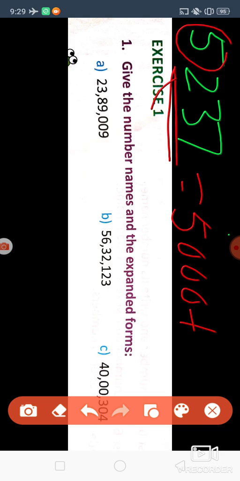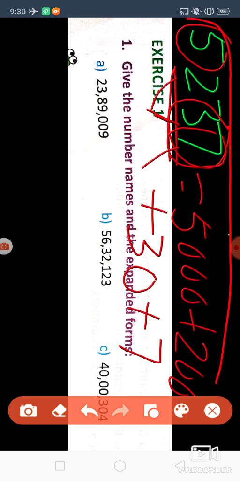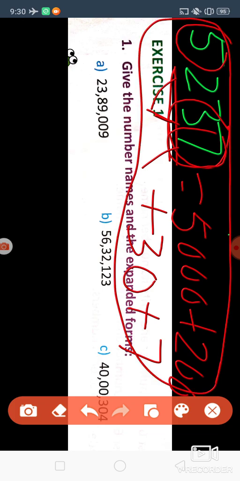So we'll write 2, and after 2 how many digits are there? 2 digits, so we'll write here 00. Then plus, after that 3 is there, so we'll write here 3, and after 3 how many digits are there? Only one digit is there, so we'll write here 0, and after that 7 is there, so we'll write here 7. So this way you can write any number in expanded form in easy way.